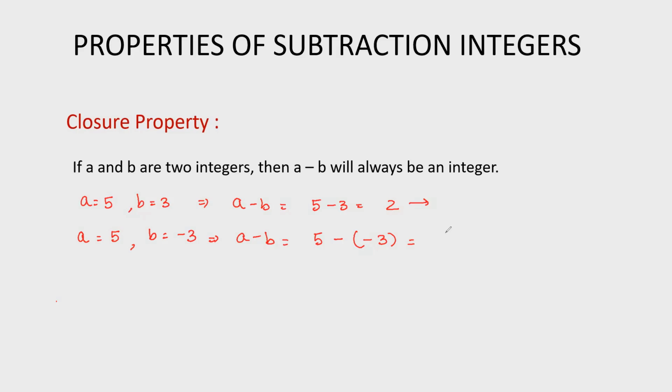So 5 plus the absolute value of minus 3, which is positive 3. Now we have to add them. 5 plus 3 is 8. So the answer over here will be positive 8. Why? Because we take the sign of the bigger number. So positive 8 is also an integer, hence closure property satisfied again.